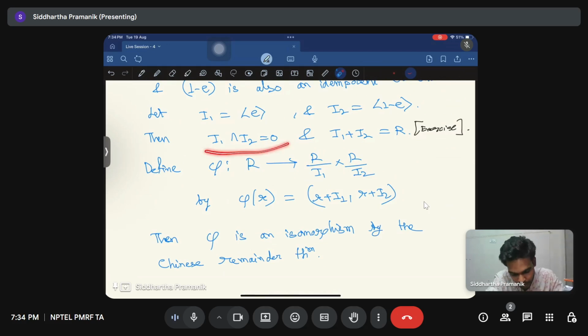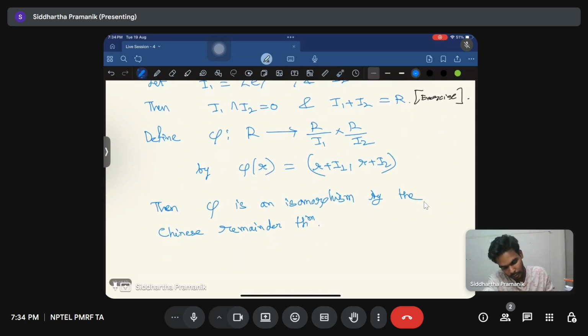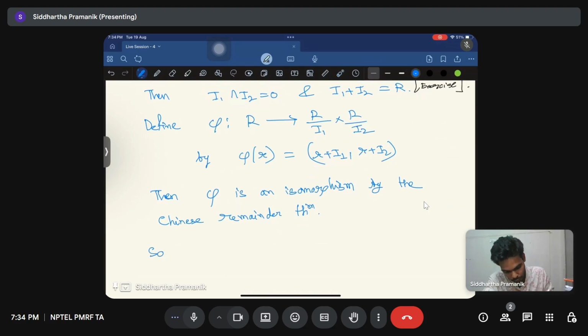Injectiveness comes from the intersection being 0, and surjectiveness comes from the coprimeness of I1 and I2. So R is isomorphic to R mod I1 cross R mod I2.